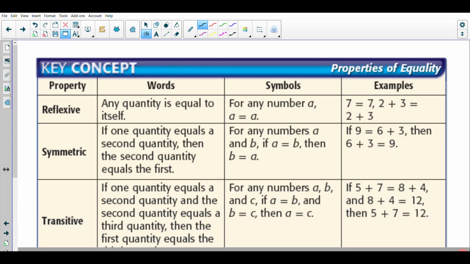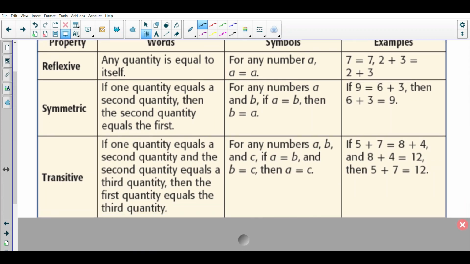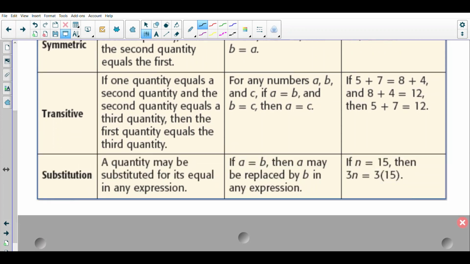Okay, the transitive property. This one you might have heard when you were younger. If A equals B and B equals C, then A equals C. So if 5 plus 7 is equal to 12, and 8 plus 4 equals 12, then 5 plus 7 equals 8 plus 4. So it's taking one out and putting another in, essentially. And then substitution, this is replacing.